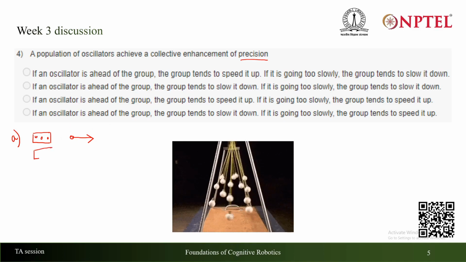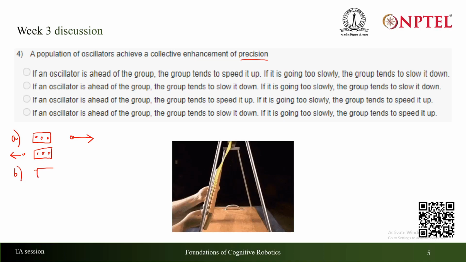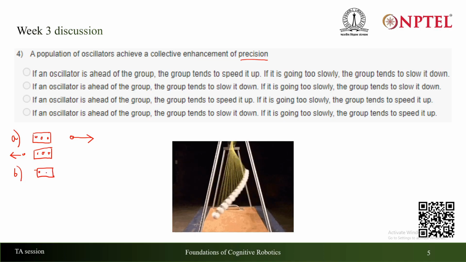So speeding up is indicated by pointing to the right, and slowing down is pointing to the left. So basically what happens is that they are moving away from each other, so they cannot achieve precision in this case. Similarly for B, if the oscillator is ahead, it tends to slow down.